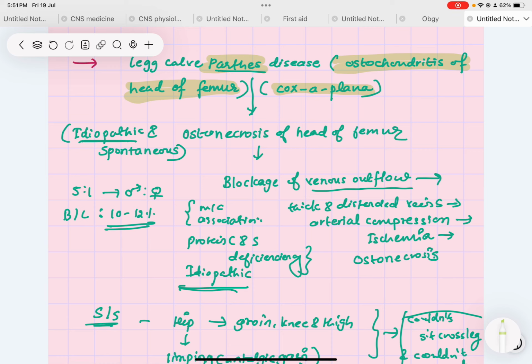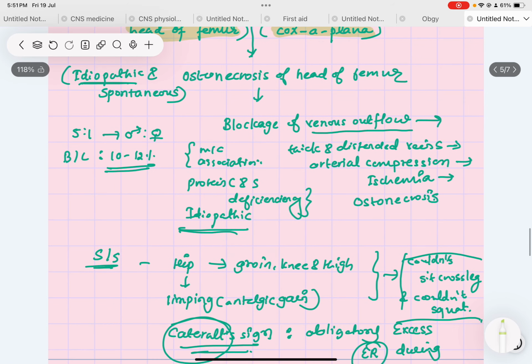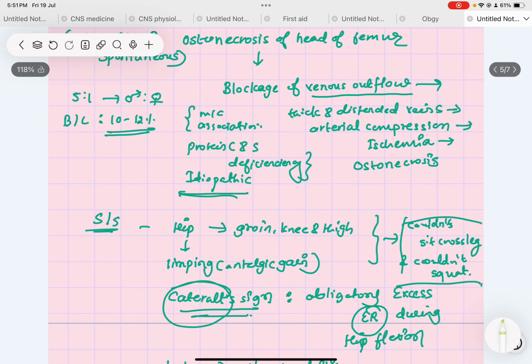Due to venous blockage the veins are so distended that they are compressing the arteries, and that's why ischemia is occurring and osteonecrosis of the head of the femur, and it will lead to the osteochondritis of head of the femur as well as the plain hip joint. So hip joint will appear as a total flat. So this explains the name and the pathophysiology part.